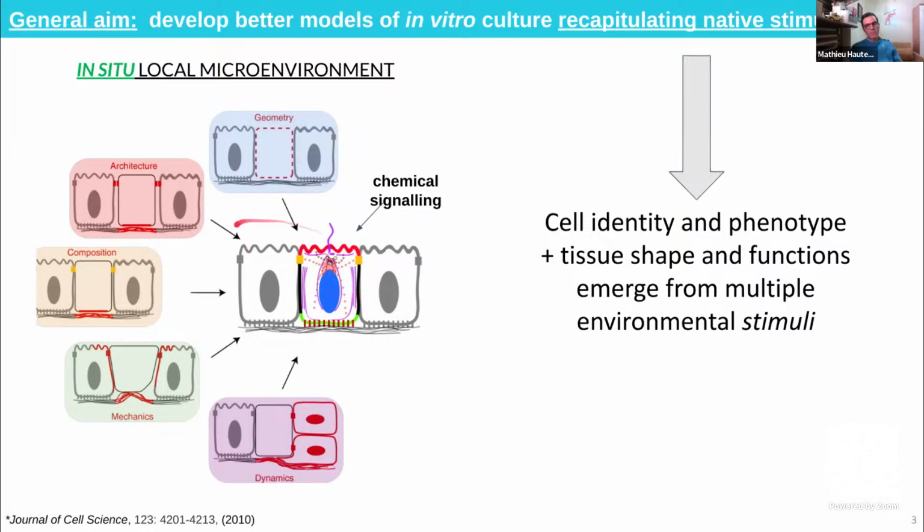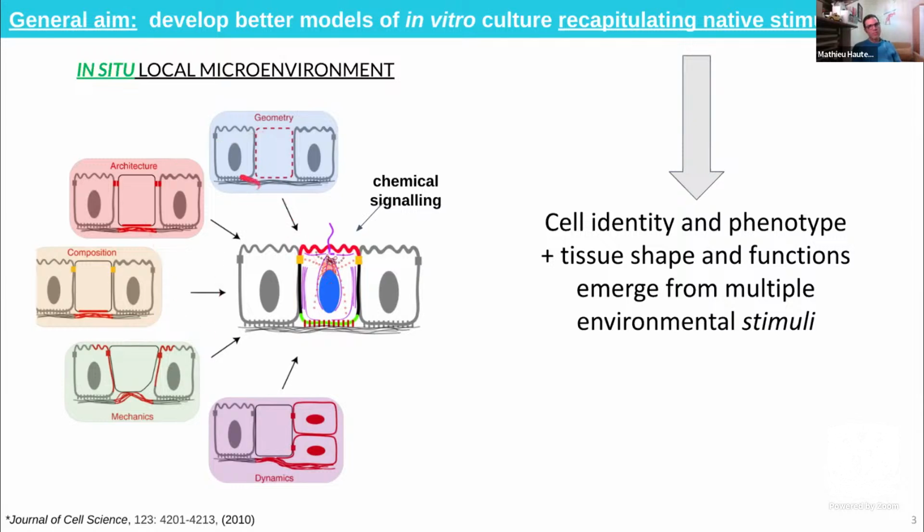And of course, if it's part of an epithelial layer, for instance, the shape of the whole tissue. So usually in the past centuries, I'd say, since we know how to culture cells, we were focusing a lot on what's the good medium, what are the good nutrients, how do we need to give the right chemical signals to the cells so that they receive what they need to be what they should be.